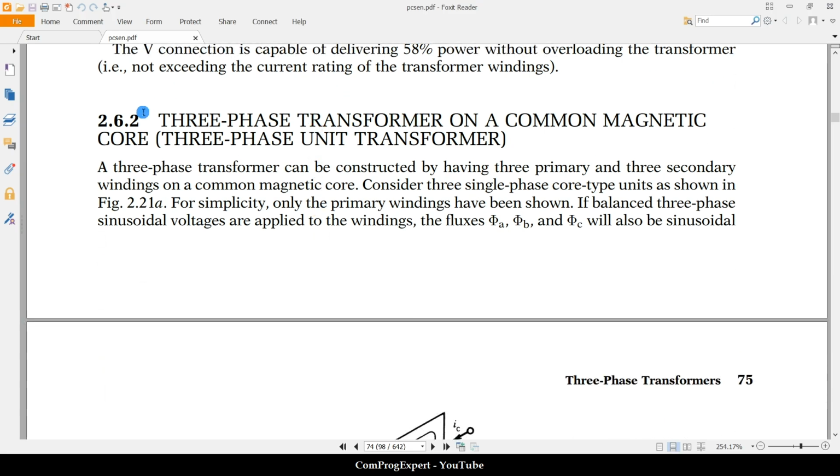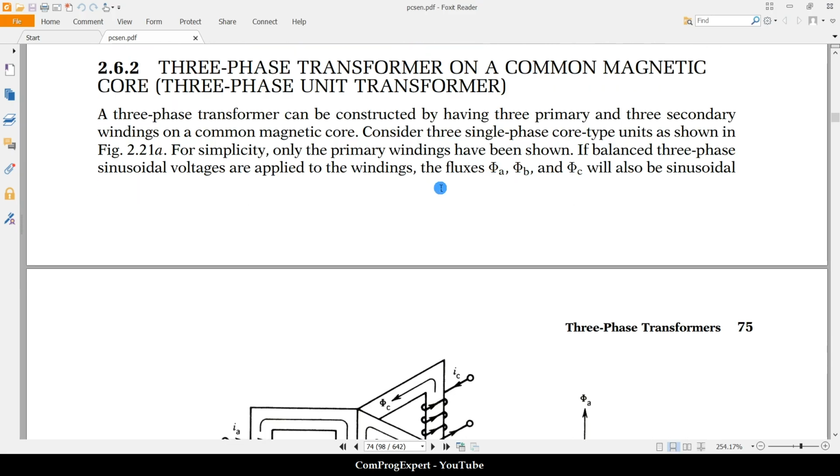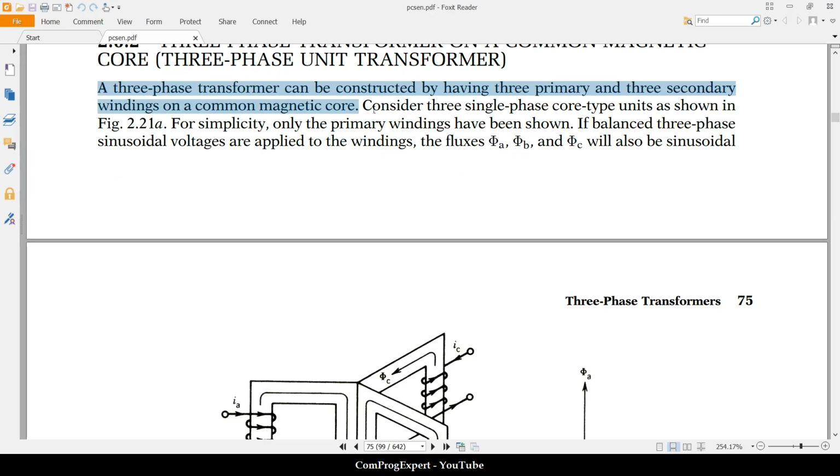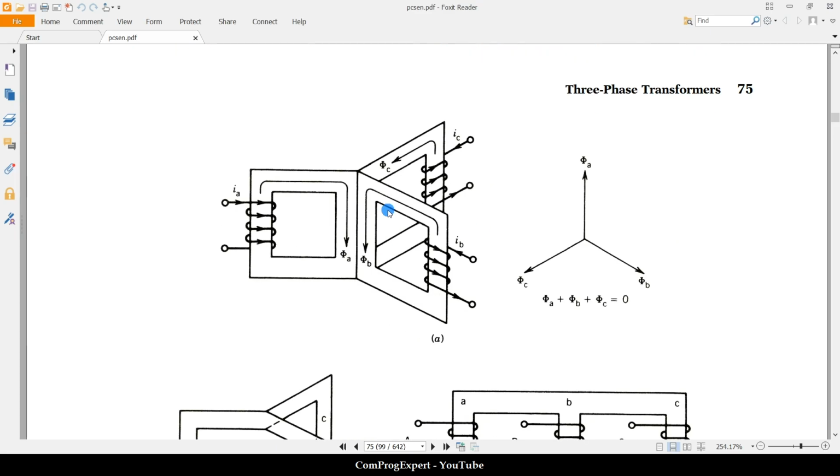Here we have this subsection. Let's review it. A three-phase transformer can be constructed by having three primary and three secondary windings on a common magnetic core. Consider three single-phase core type units as shown in this figure.